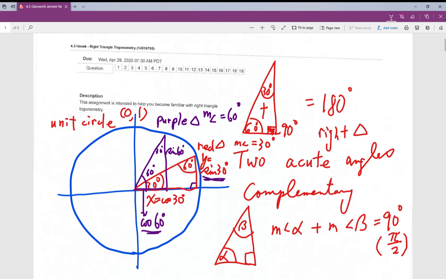Why? Because on the same unit circle, cosine 60 is adjacent to the 60 degree angle, but actually is opposite to the 30 degree angle. So the value opposite to the 30 degree angle will be sine 30. So these two need to be equal.